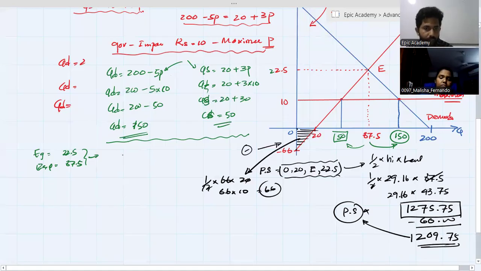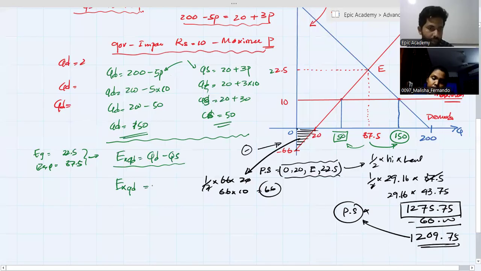Now you already identified the equation where we can calculate the excess demand. Ex QD equals QD minus QS. This is the equation, right? EX means excess, QD means quantity demand.